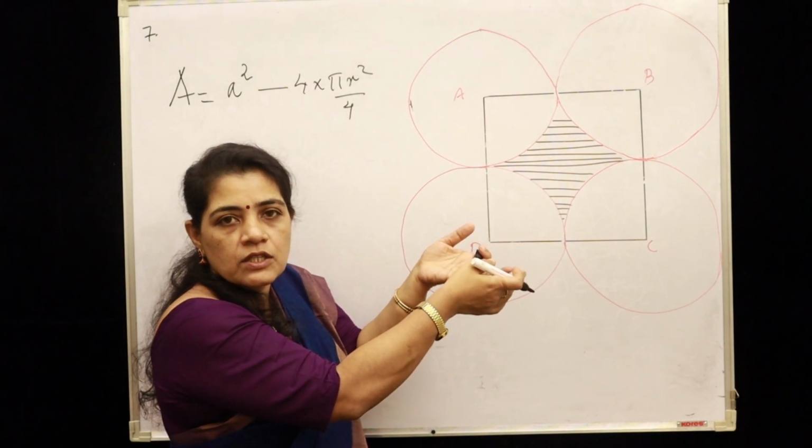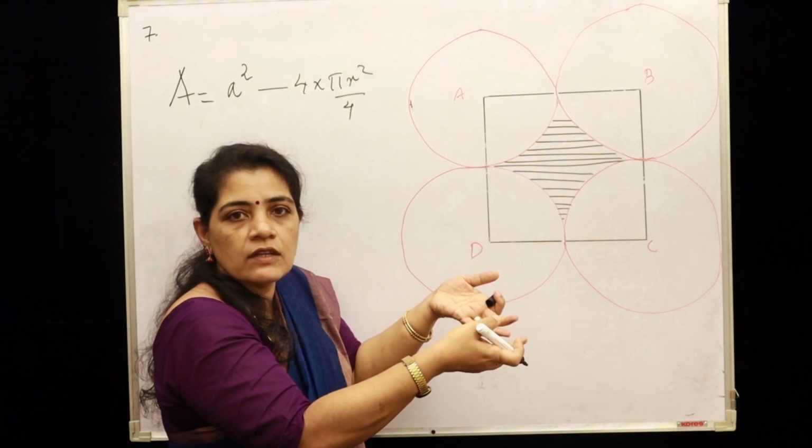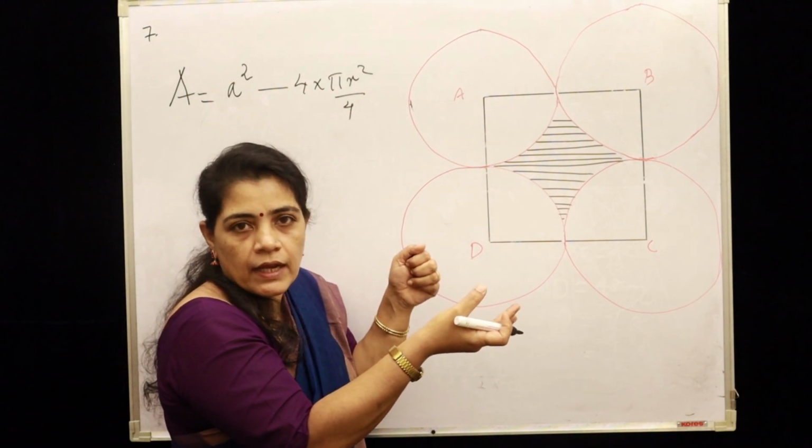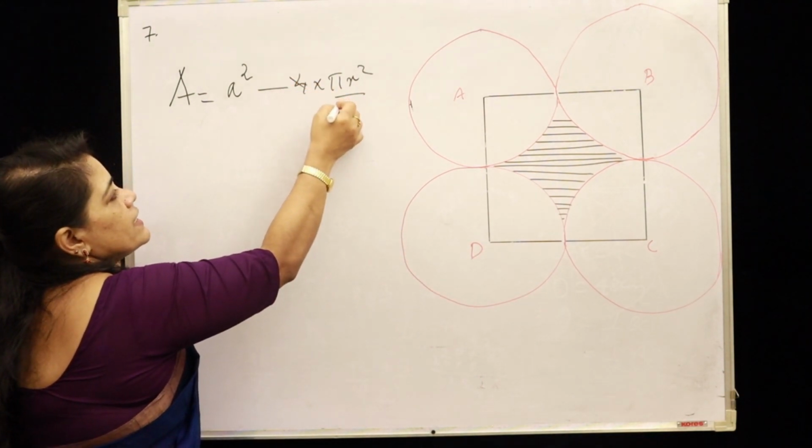So theta by 360 into pi r square, theta 90 by 360 will be 1 by 4. Both are the same, right? So the 4 gets cancelled.